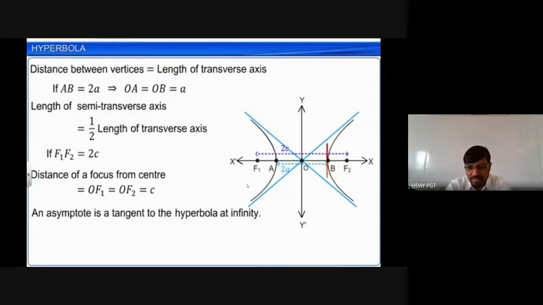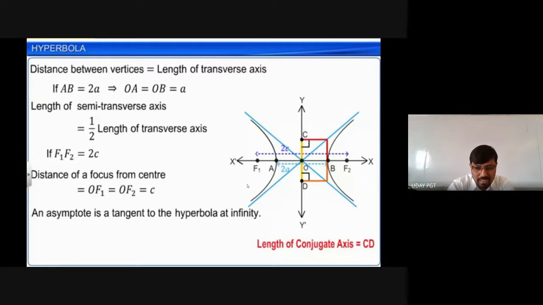The line that touches the hyperbola is called a tangent. Now, what is c here?